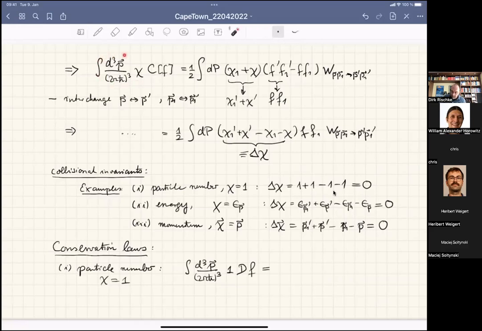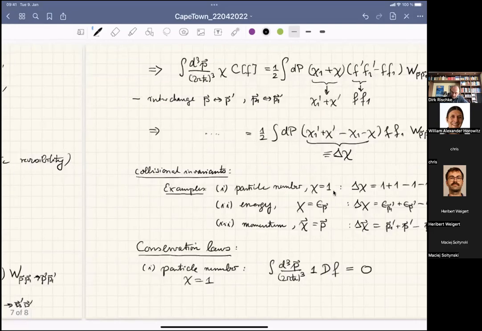This integral here with chi equal 1. But for chi equal 1, we just showed that the right-hand side features a collisional invariant, delta chi equals 0. So the right-hand side vanishes. This was the right-hand side of the Boltzmann equation when you integrate over d3p times 1. So the right-hand side is 0.